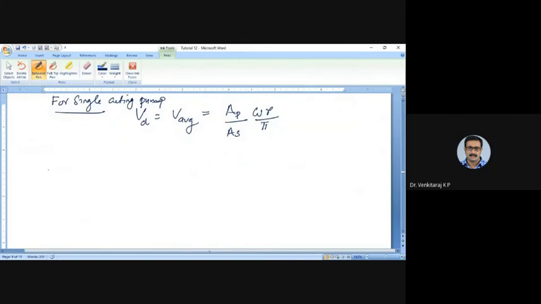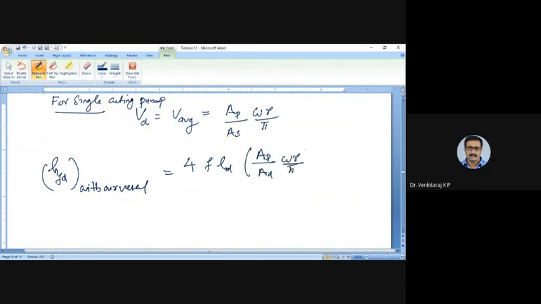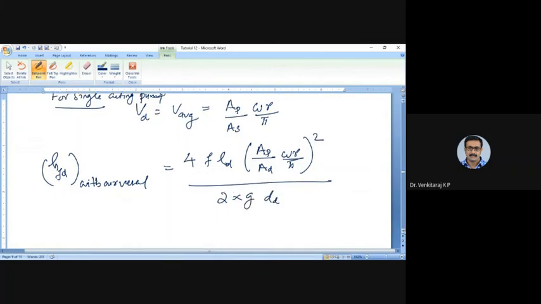So H_FD with air vessel will be 4 into F L_D, this into A_P by A_D into omega R by pi, whole square, divided by 2 into g into D_D, the diameter of the delivery pipe.